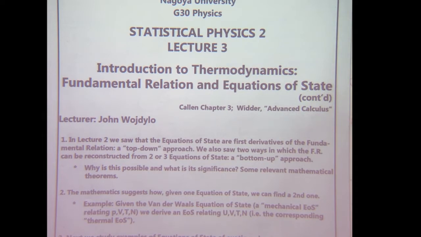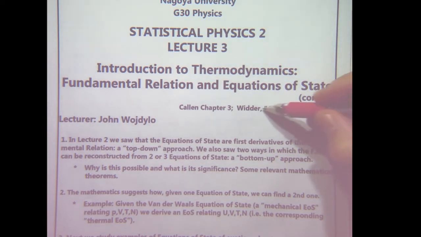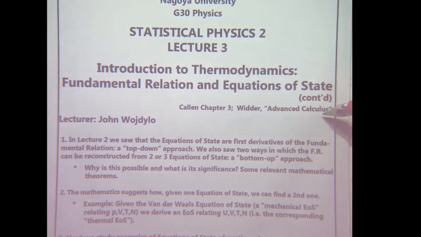Dover, the publishing house, trawls through a century's worth of books that have gone out of print and whose copyright has expired, and they purchase the copyright and republish the books very cheaply. And this is a very good one, I think, for advanced calculus.